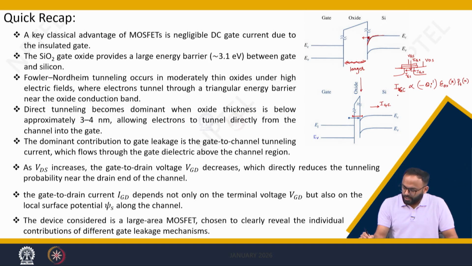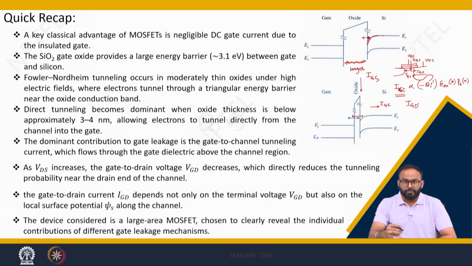Thus, if the total inversion charge near the source is more, the current contribution IGC or IGS will be more. If the current density at the drain side is more, then the contribution of IGD will be more. We have also discussed that when you increase VDS, the gate to drain voltage reduces, and because of that IGD is found to saturate when you increase VDS.